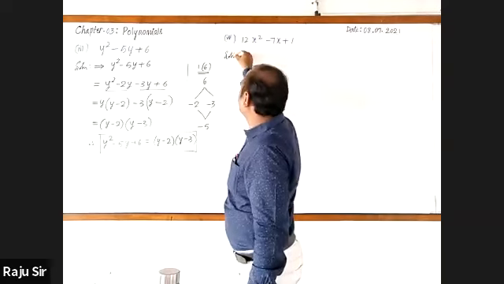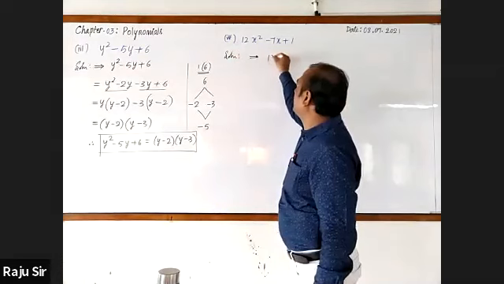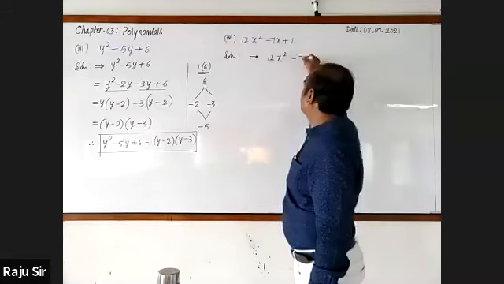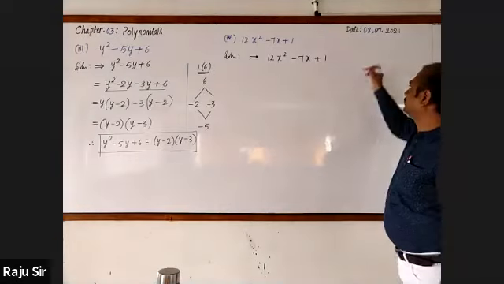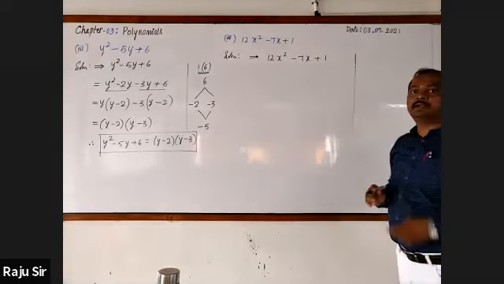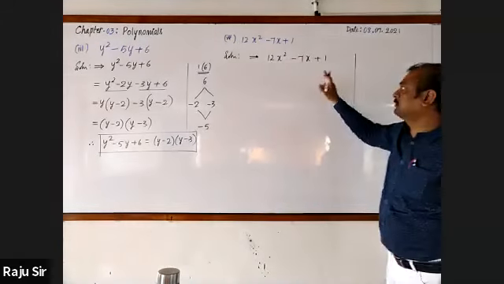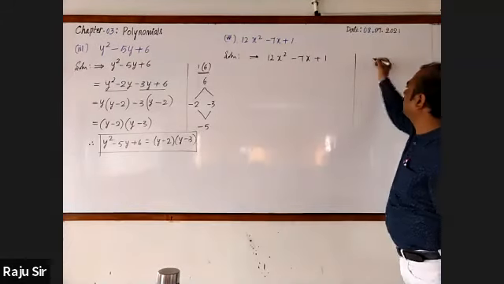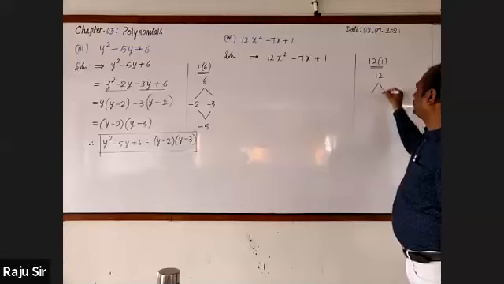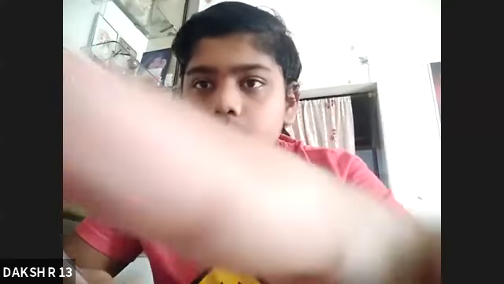First step, write it in standard form: 12x squared minus 7x plus 1. As we are following the splitting the middle term method, multiply the first and last terms, taking only the coefficients, 12 and 1. 4 ones are 12, minus 4, minus 3. And the second term is minus 7.